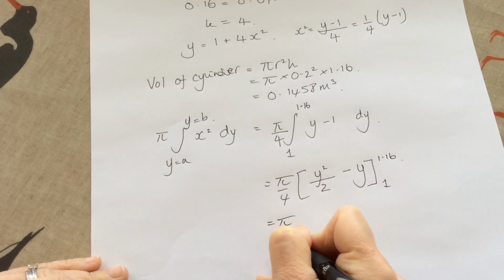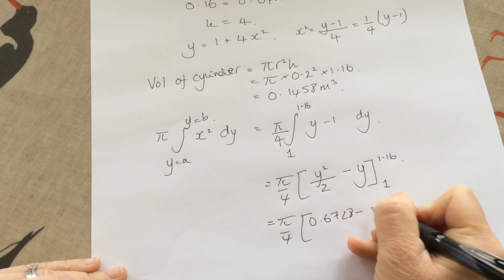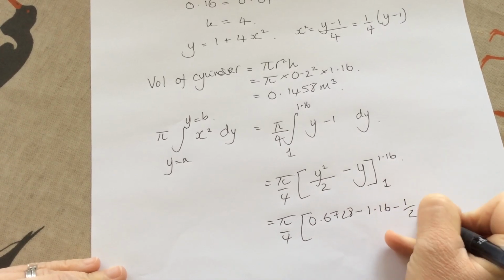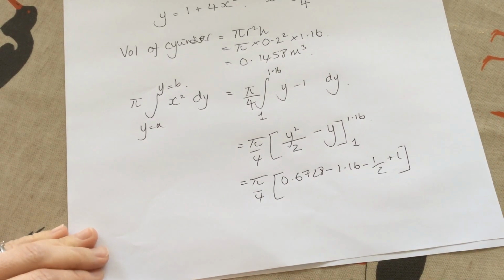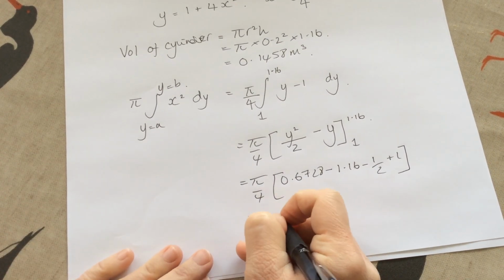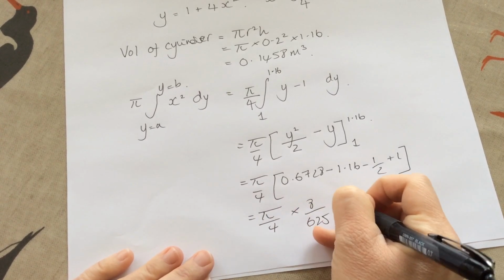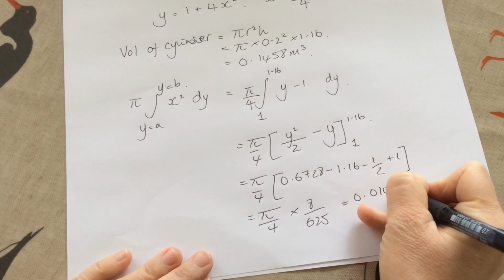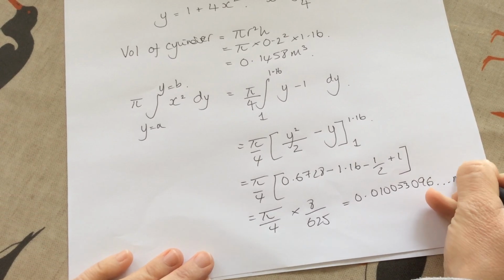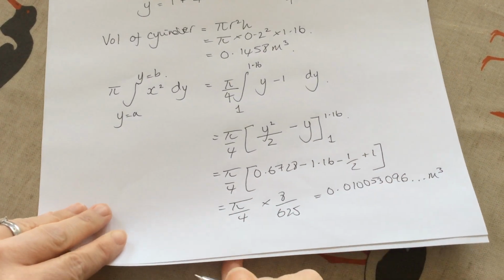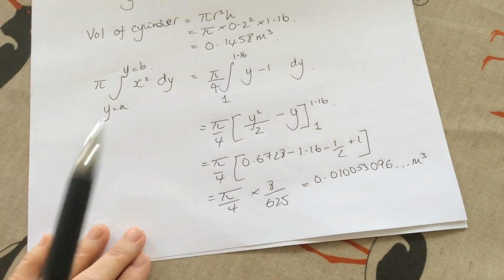That will give me pi over 4 times 0.6728 minus 1.16 minus a half plus 1. And that works out to be 8 pi over 625, which is 0.010053096 metres cubed.